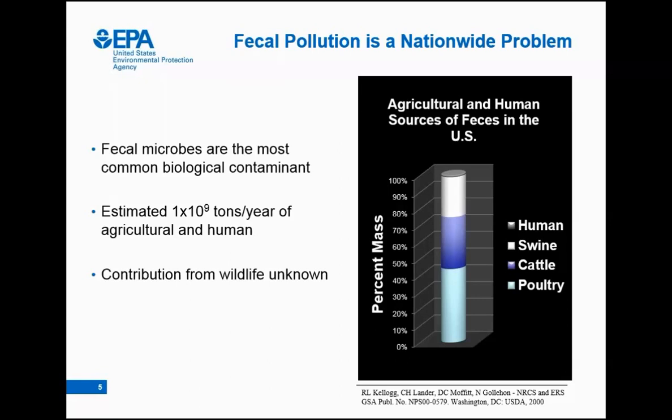So when you think about other sources such as wildlife not being factored into this, you can start to realize that this is an enormously large amount of waste being produced each year that requires management and definitely has the ability to get out into the environment and cause some situations.